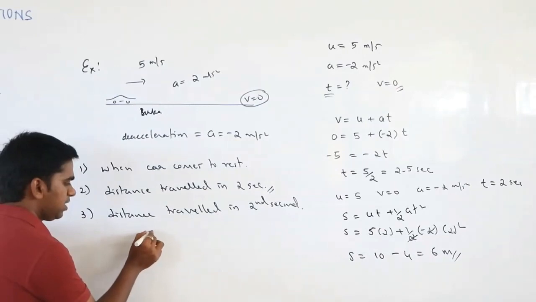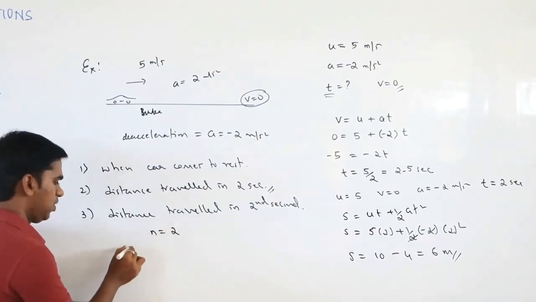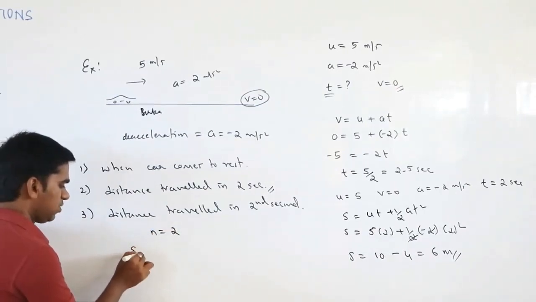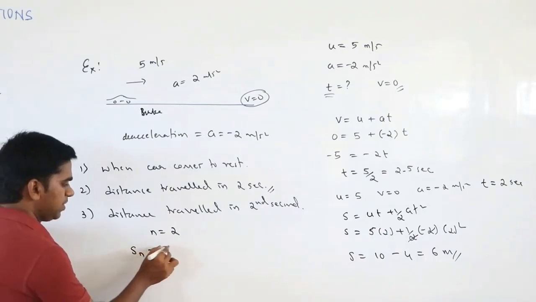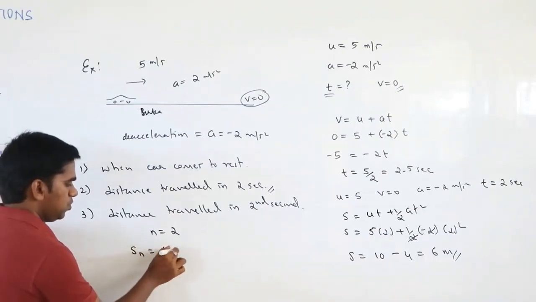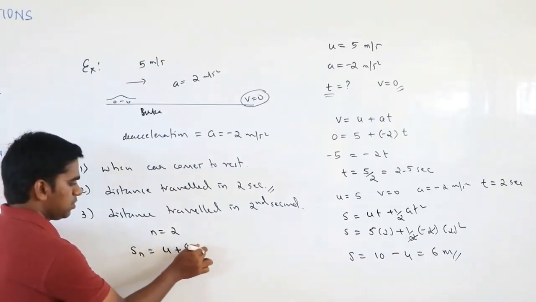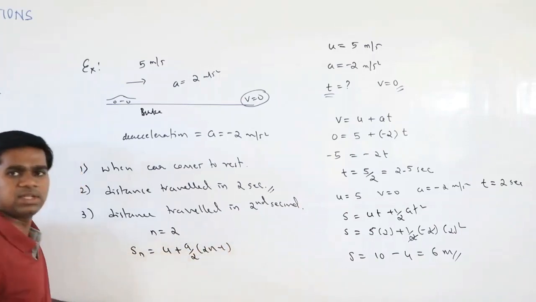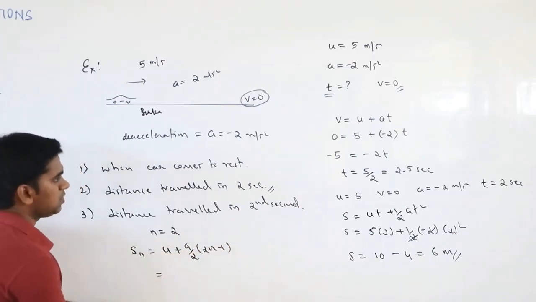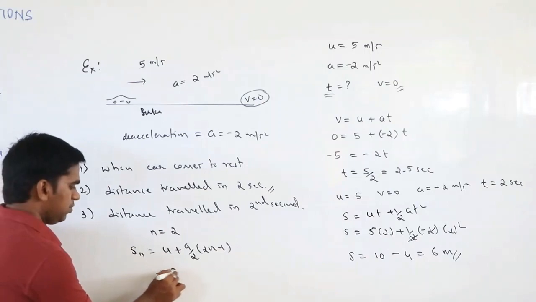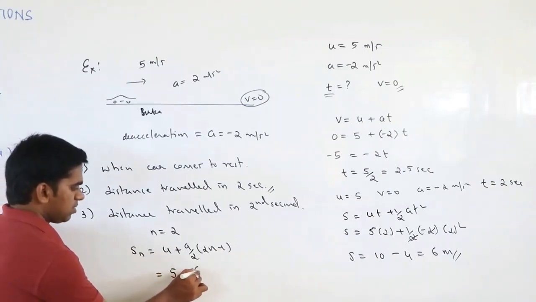So here you have to take n equals to 2, and you have to apply the formula what? You have to apply the formula Sn equals to what is that? U plus a by 2 into 2n minus 1. Okay. So what is u? U is 5 plus a by 2. A is what?